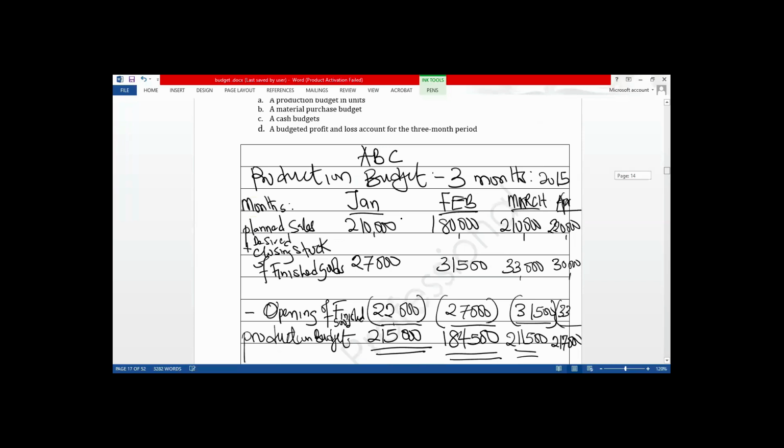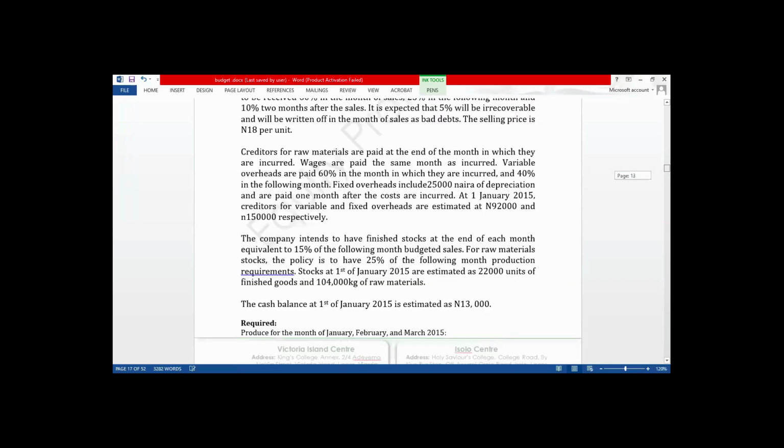It is expected that 5% will be written off in the month as bad debt.